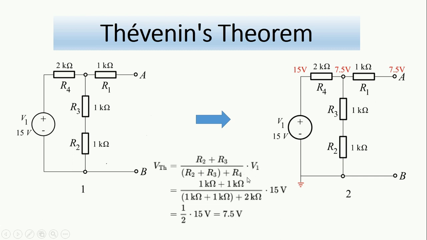If we substitute the values here, we come to the value 7.5. This is the voltage at this node, which is the voltage at terminal A, because there is no current passing here and no voltage drop across the R1 resistor. This is our no load voltage or open circuit voltage, which is the Thevenin voltage that we wanted to find.